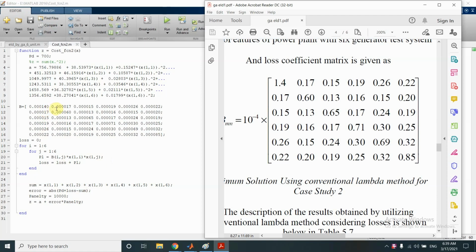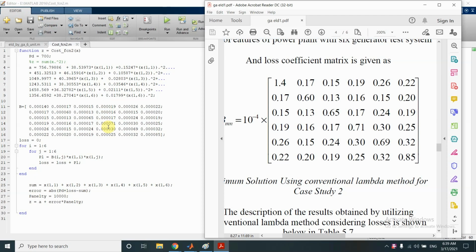Now suppose that we take B15. For that we multiply the generation of first unit and fifth unit with B15. Similarly for B25 we multiply the generation of second unit and fifth unit.